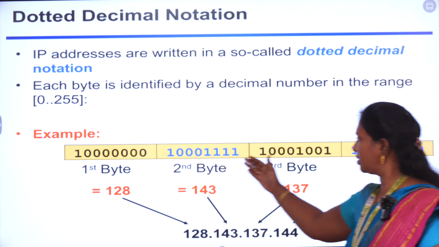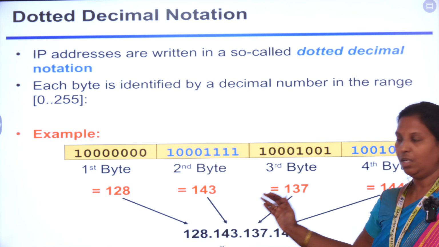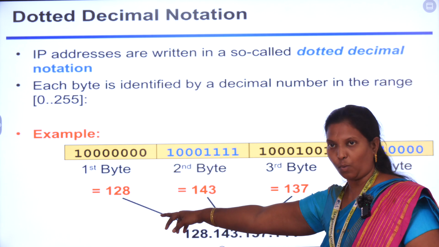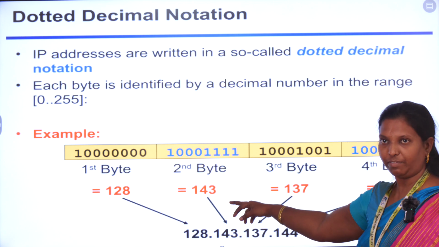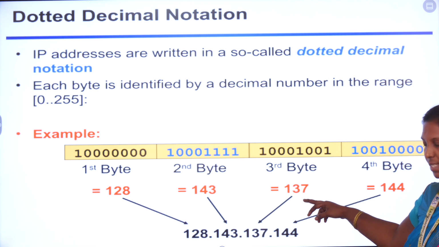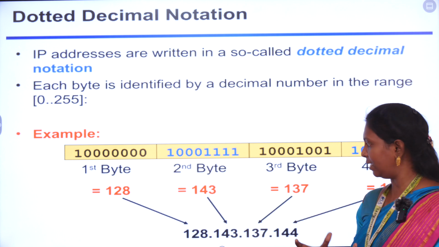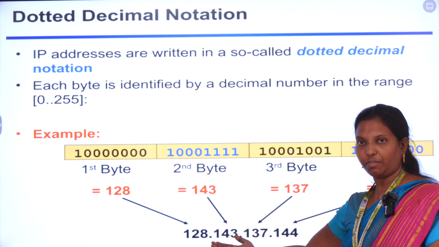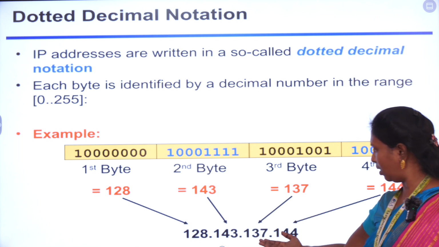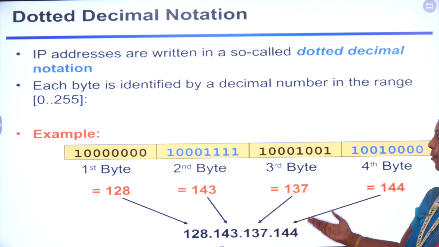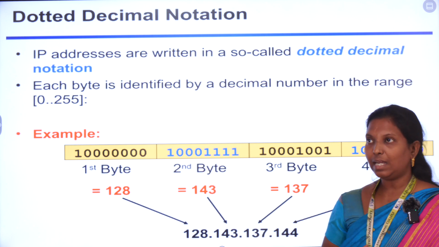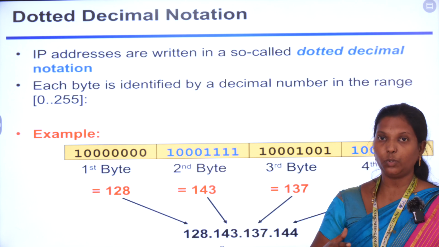So the first byte is 128, the second byte is 143, the third byte 137, and the fourth byte 144. These are combined, and we have the IP address 128.143.137.144. Here each number has a value from 0 to 255.